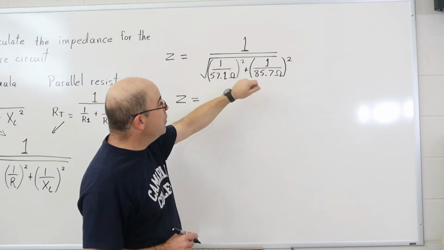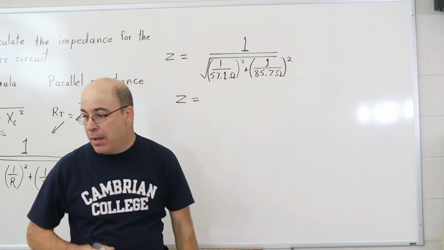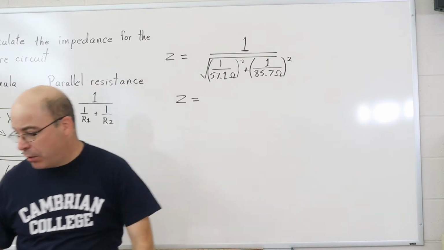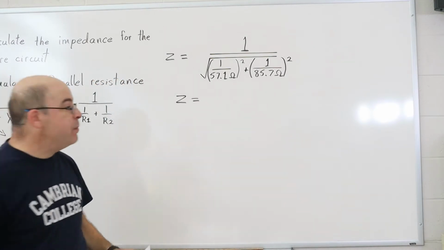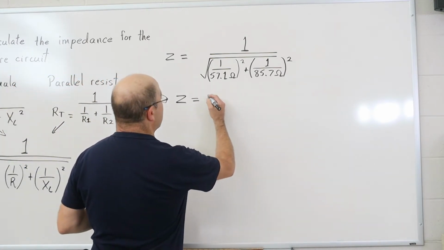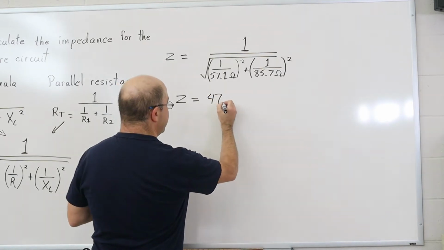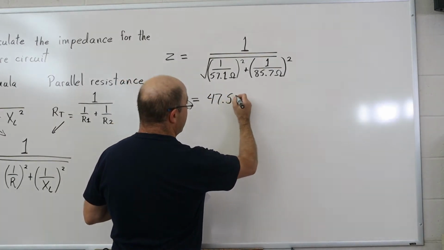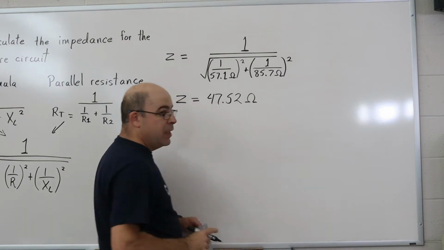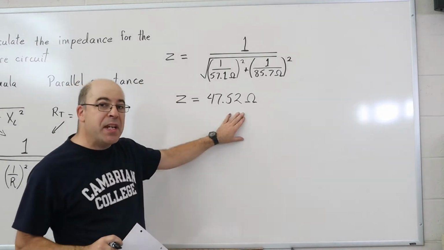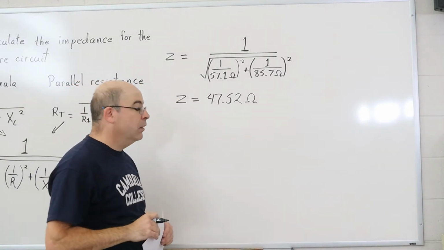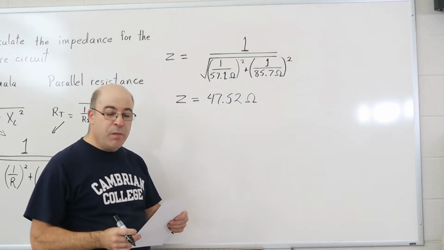We will do the square root and then the 1 over. Punching this into a calculator, the result should be 47.52 ohms.